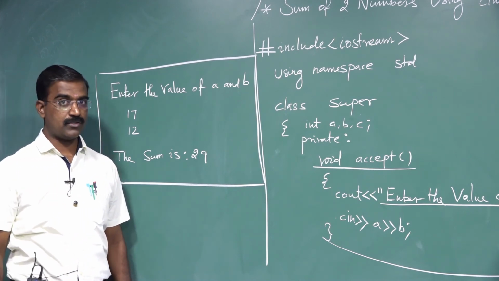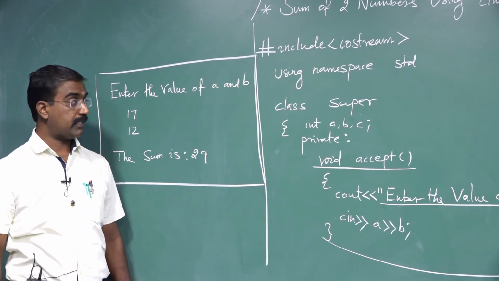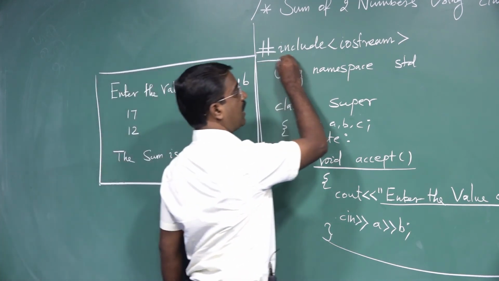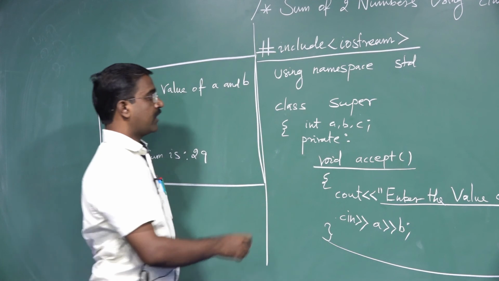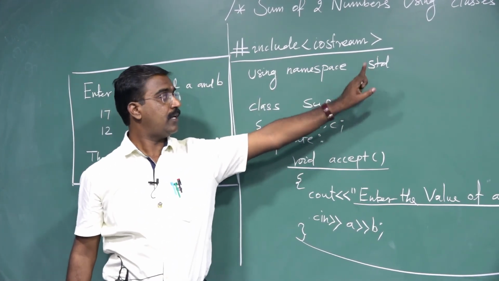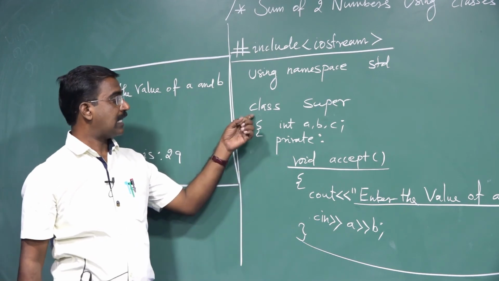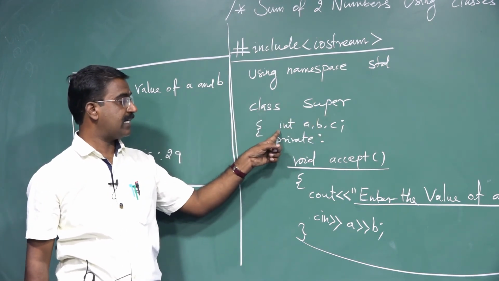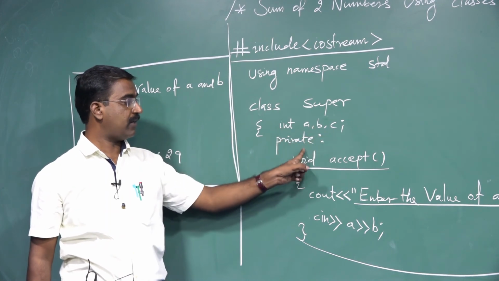I think you can understand clearly, but again I want a quick review. First line is hash include iostream. After that, using namespace std. Here class super is a class name. Integer is the declaration of a data type, A, B variables, private.